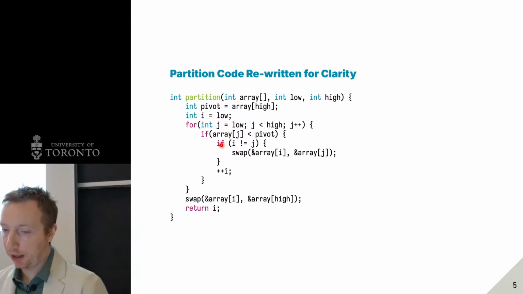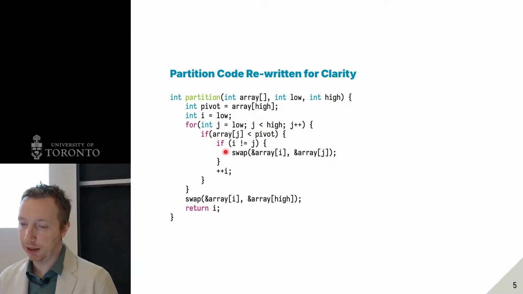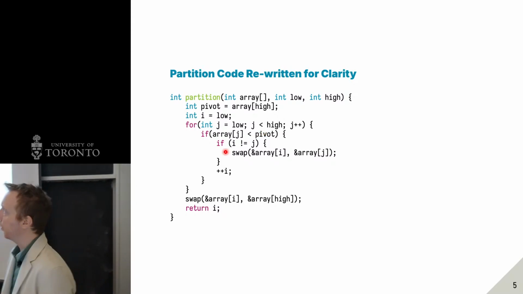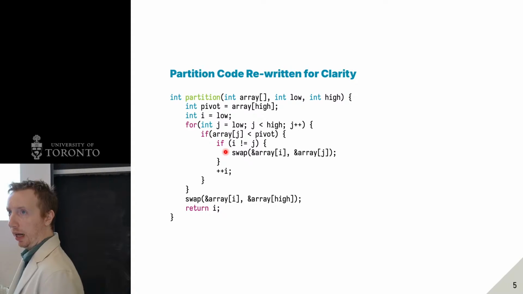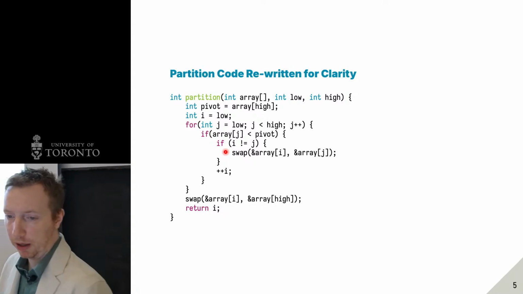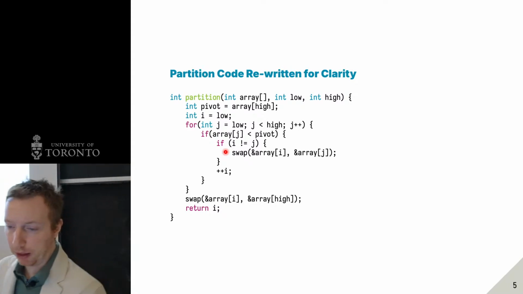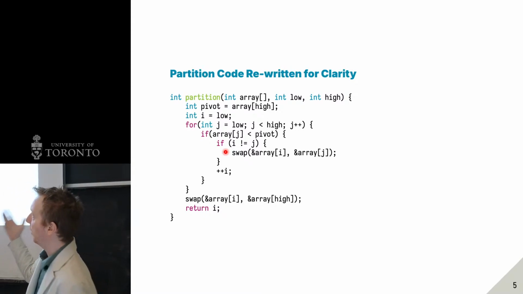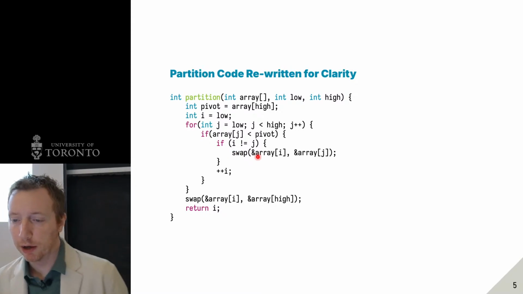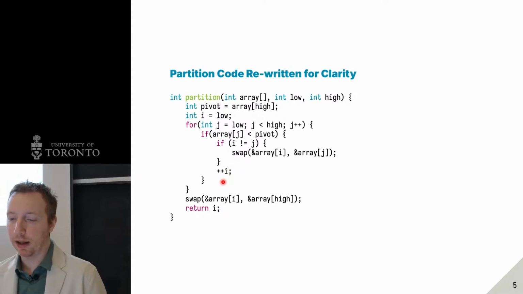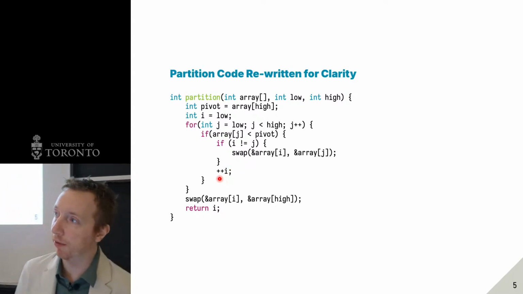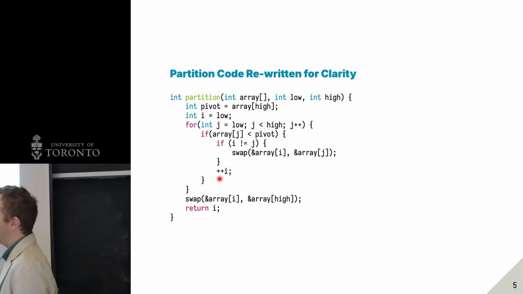Again, same check. If the value is less than the pivot, we can have a little special case here to make sure that we're not swapping the current values around if they're pointing at the same index. So I can swap them around, and then this is that step where I adjust the pivot at the end, like I did in that example.